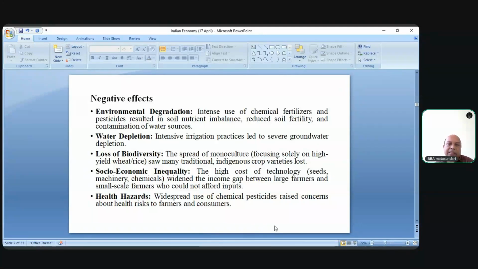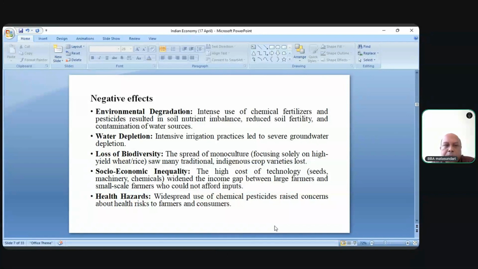In many areas, due to excess use of underground water, water level declined, especially in Haryana, Punjab. Water level declined very fast due to excess use of underground water by using intensive irrigation system. And so water crisis problem also arises in many areas due to excess use of water in cultivation purpose.